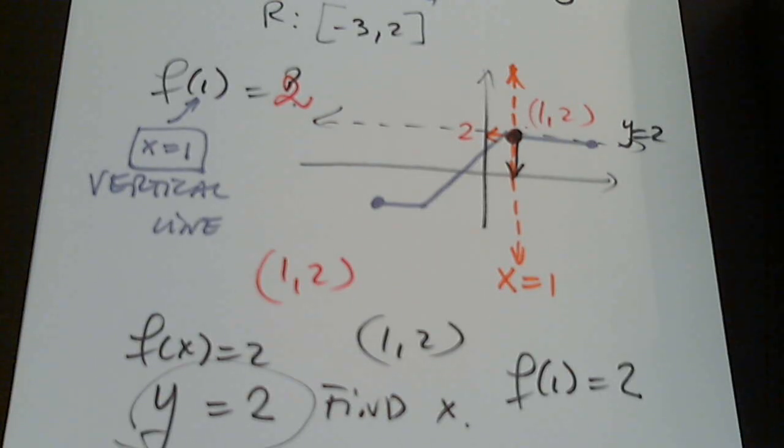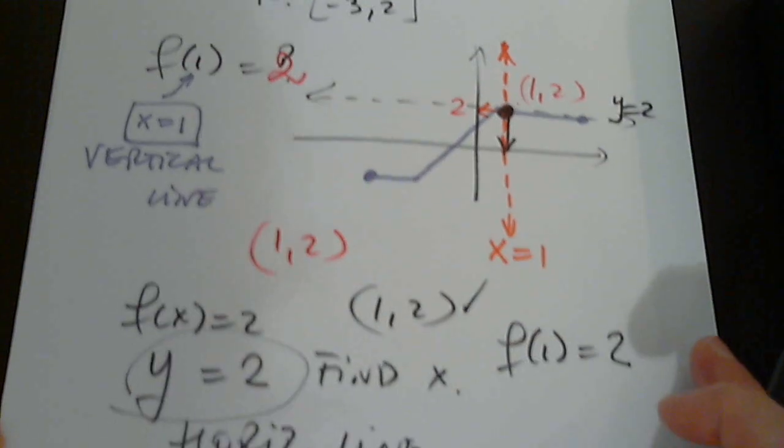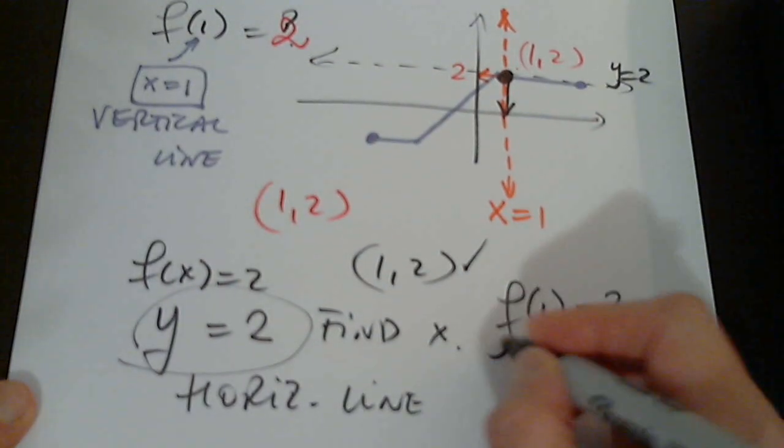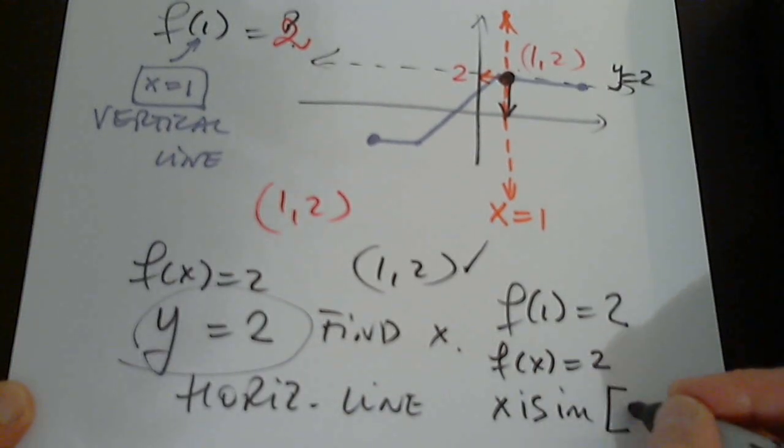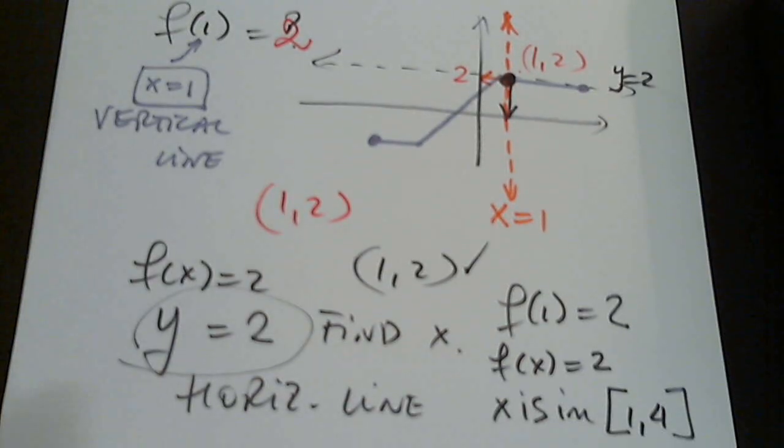All these x values from 1 to 4, all of them have y equals 2. So this is one example, but this is not enough. So indeed, when f of x is 2, x is in the interval [1, 4], all those points, because it's a horizontal line. So y equals 2 means x equals 1, everything till including 4. That was just one example, one point, but everything here.